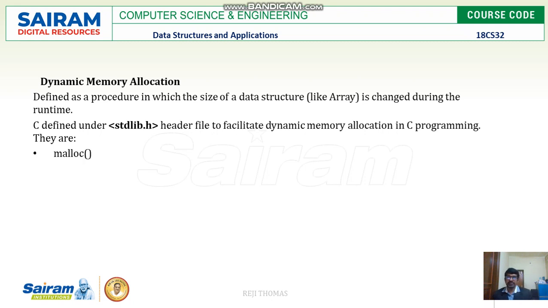Let us see what functions we use for that. We use a function called malloc, and another function called calloc, the third one is free, and the fourth one is realloc. Let us see what is the difference between these 3 or 4 functions separately.